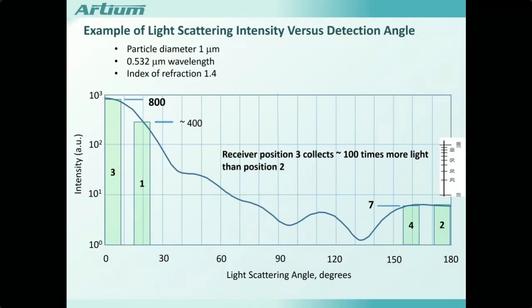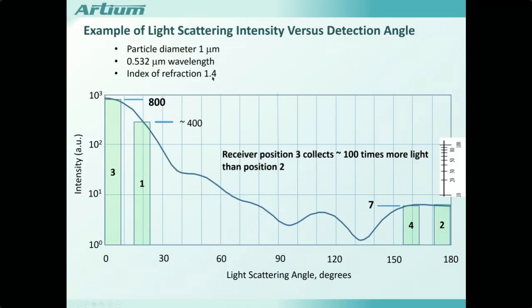And what I've done here is I've calculated the light scattering using Lorenz-Mie theory, which provides essentially an exact representation of the scattered light. I've done the calculation for a 1 micron particle, and the laser wavelength is 0.532 microns, which is generally the green laser beam used in these systems.